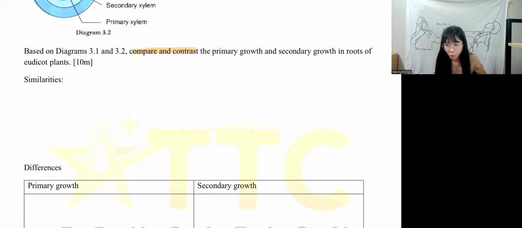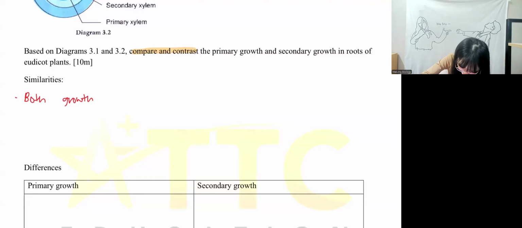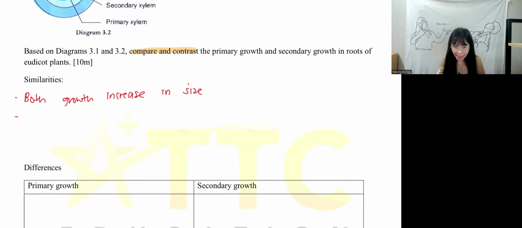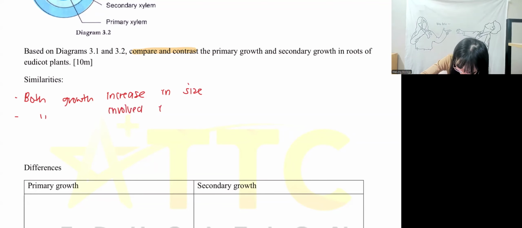Similarity: both processes or both growth increase in size. That is the one we did just now in question 10, right? So we're going to say both growth increase in size. Next, you can say both growth involve mitosis.